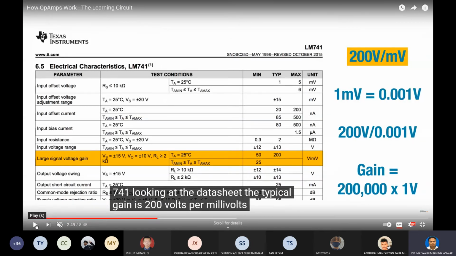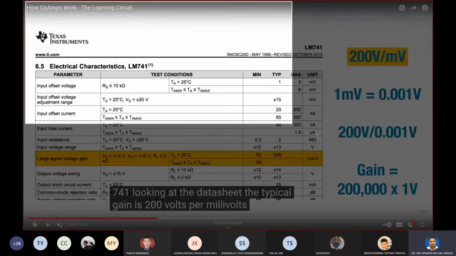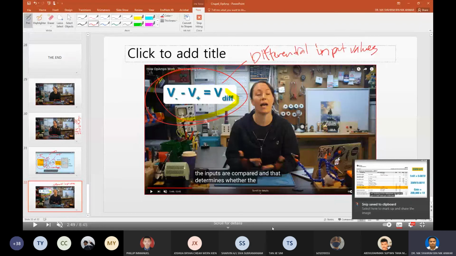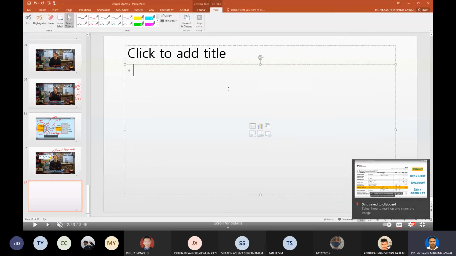If you see here from the datasheet, the gain here is 200 volt over millivolt, which means 200,000 times gain. So one of the most powerful features of an op-amp is that the gain is very high.